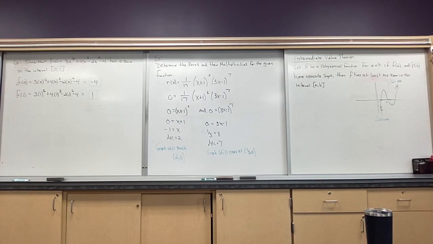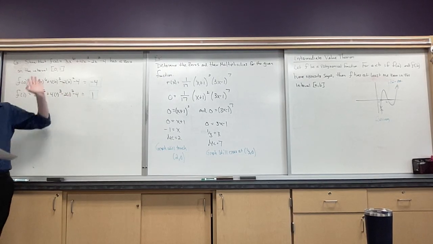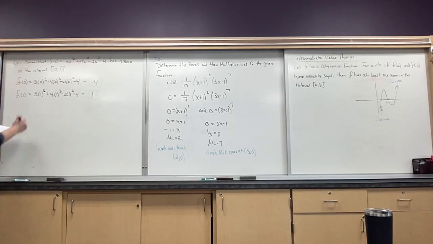Now, what do you think? Does the graph cross the x-axis? Does it have a zero in that interval? Yes. The sign's changed, right? So it had to hit the x-axis for that to work. So we're going to say yes! Exclamation mark, because we're excited.